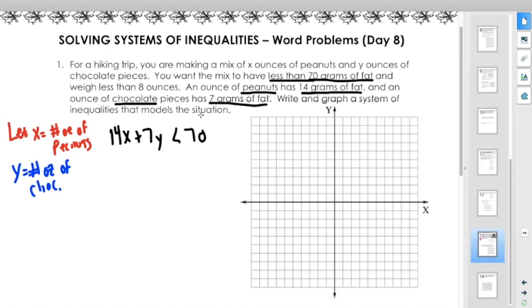Now what's our second equation going to be? You want the mix to weigh less than 8 ounces. So altogether, we want X and Y to weigh less than 8. So if I just write X plus Y, it's going to be less than 8.